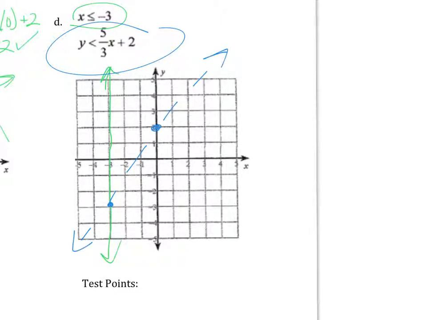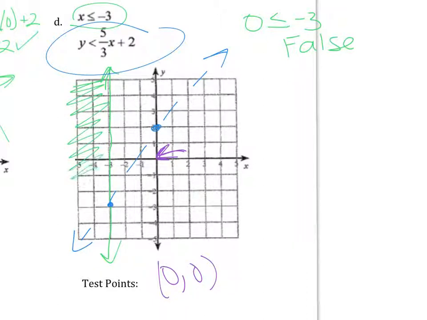So we need a test point, and I'm going to use the same one, (0, 0), because here is (0, 0). Neither of those lines are crossing at that point. So I'm going to plug 0 in for x and y in the first inequality. So 0 is less than or equal to negative 3, which is false. So since this point is false, I'm going to shade on the other side. So everything to the left of my green solid vertical line will get shaded.